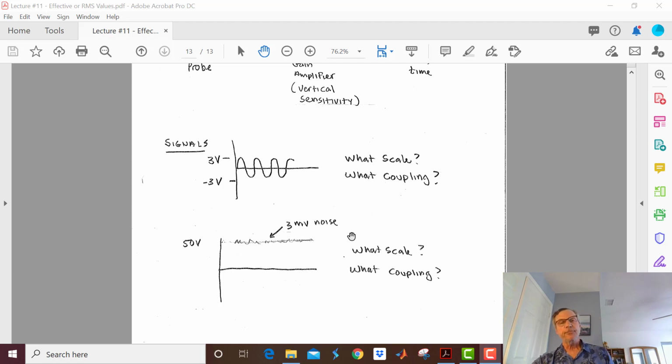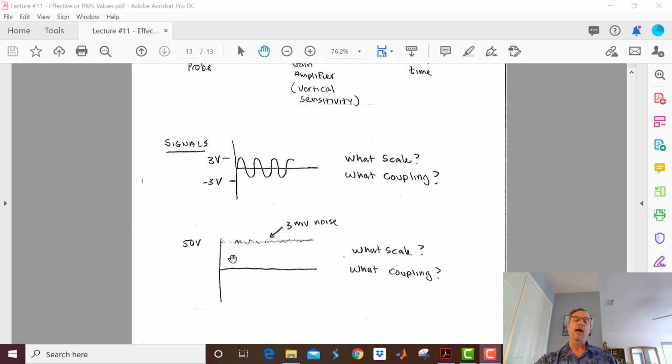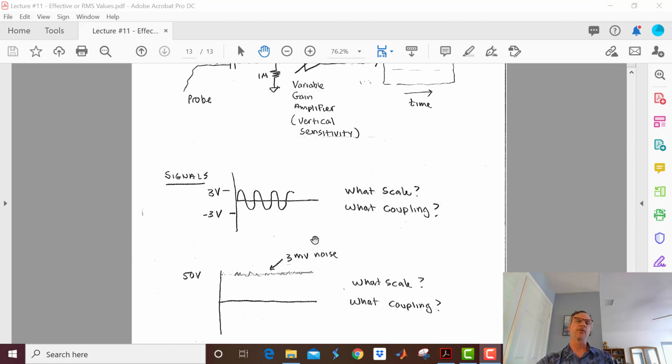Well, if I want to see this whole waveform with my switch closed, I'm probably going to put the scope scale on about 10 volts per division, because that way this will be about 5 divisions up. But am I going to see 3 millivolts? No way. I'm on 10 volts per division. Am I going to see 3 millivolts on my scope display?